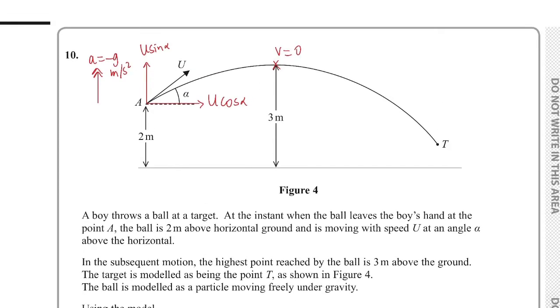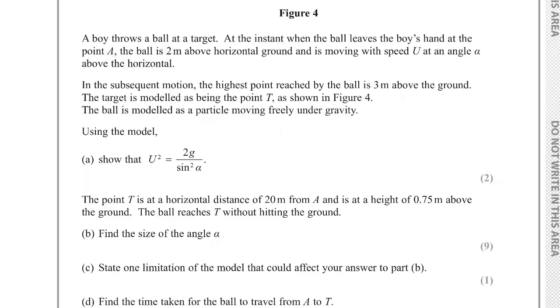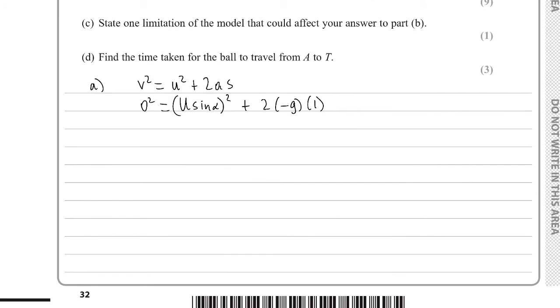The displacement is 1 because we set off 2 meters above ground. We reached a height of 3 meters above ground, so this is just 1 meter. So if we just rearrange all of these, we get 2g is u squared sine squared alpha, and therefore u squared is 2g over sine squared alpha as required.